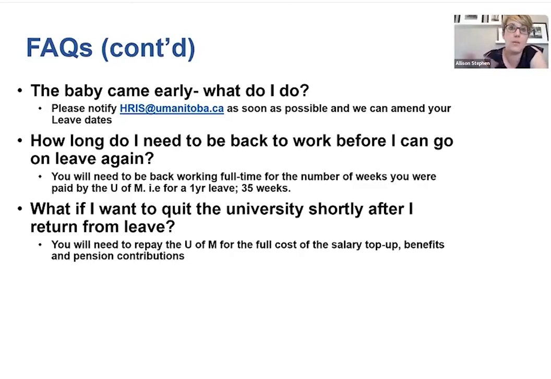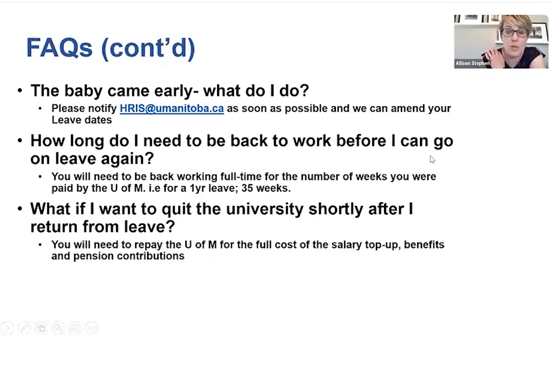We don't always know if people had their babies early or not, but we do hear about some, so that would be best to do. If for example baby was due July 1st and you were going to start it on the 27th, even if baby came after the 27th, it's okay, as long as we've already started your leave before the baby's born.